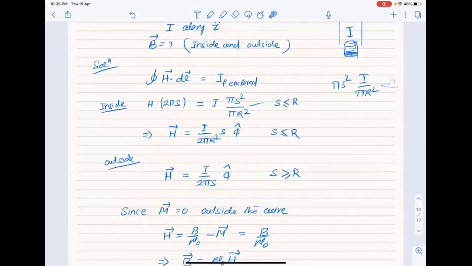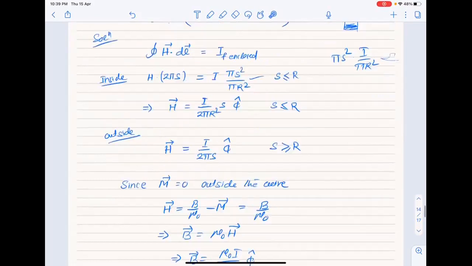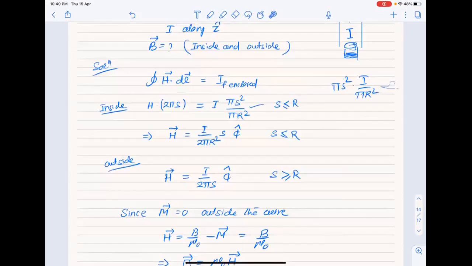What about B? To calculate B, you should know what M is, right? Because there is no magnetic material outside, your M is 0 outside the cylinder, because our problem states that there will be no magnetic material outside the cylinder, which means there will be no magnetization there, right?